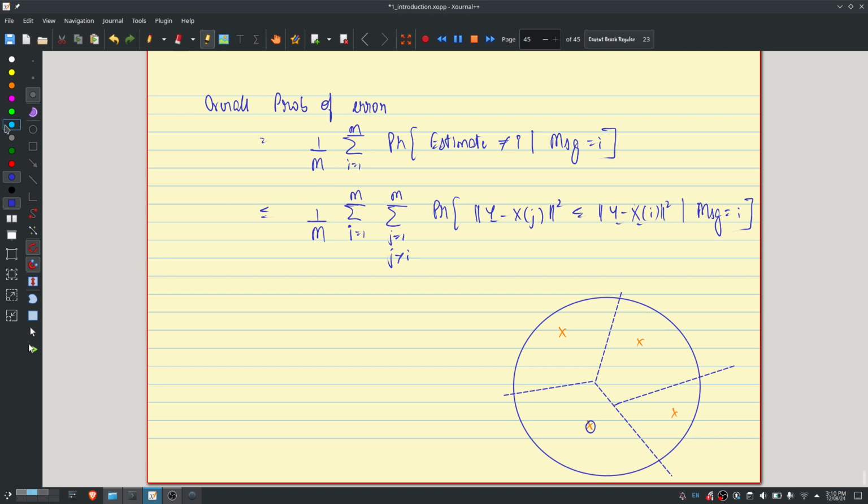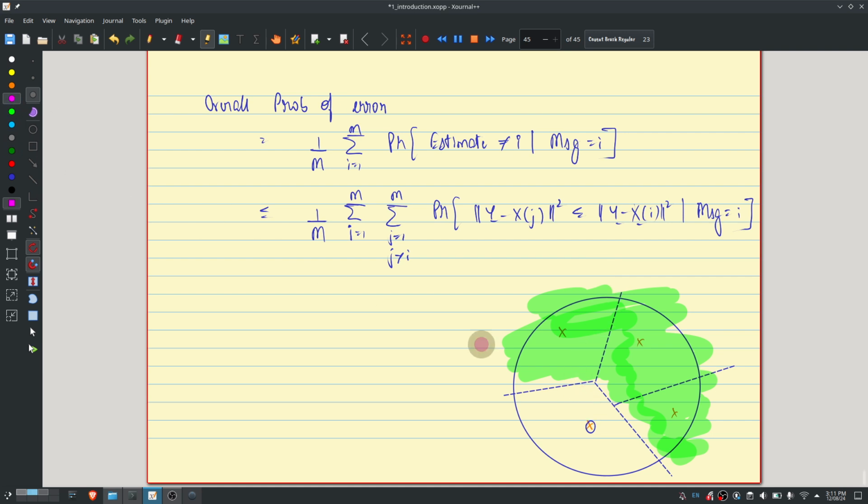So essentially, if the received vector is anywhere in these regions, then that corresponds to an error. But now what we are trying to do is derive a bound on the probability of error. So you pick a particular pair.